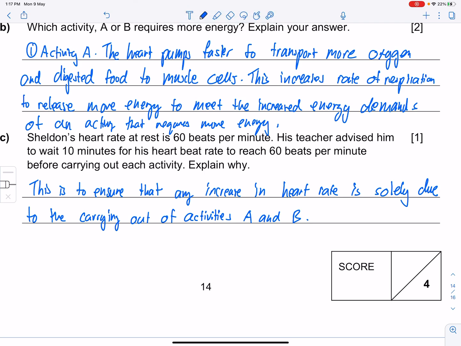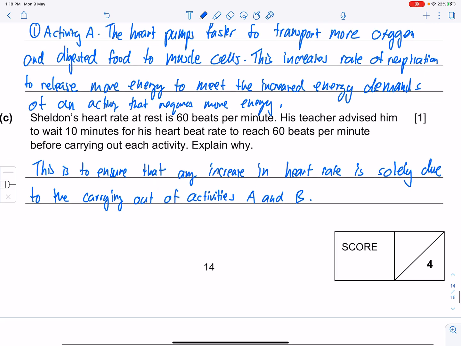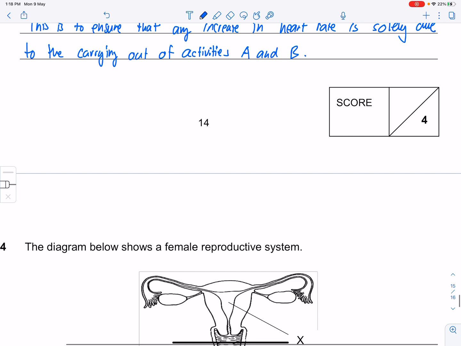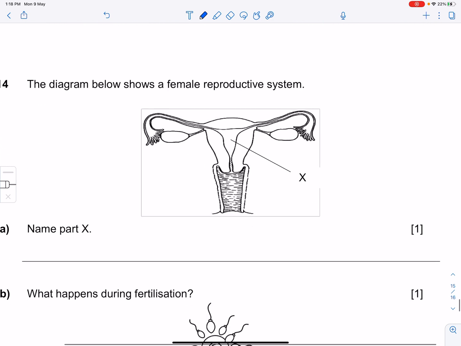Okay, next question is on reproduction. So let's take a look at it. Now, the diagram below shows a female reproductive system named part X. For reproduction system, mostly it's about memorizing the function and identification of the various parts.